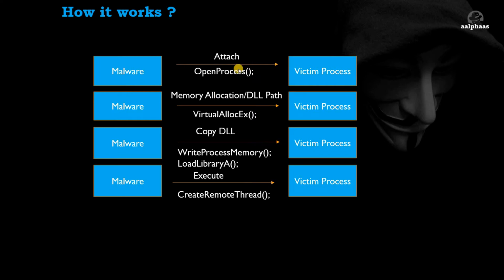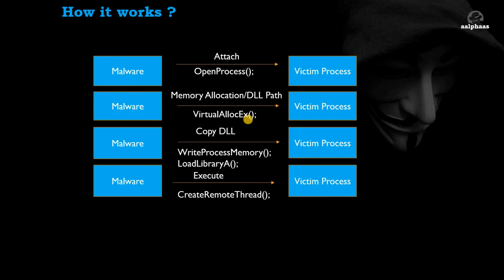So this is the process. The malware opens the remote victim process using OpenProcess, and then it allocates the virtual memory. Using VirtualAlloc, it creates a base address, a virtual space base region for our shellcode. But this time, compared to the previous one, we are writing the DLL path on this VirtualAlloc API instead of the DLL.